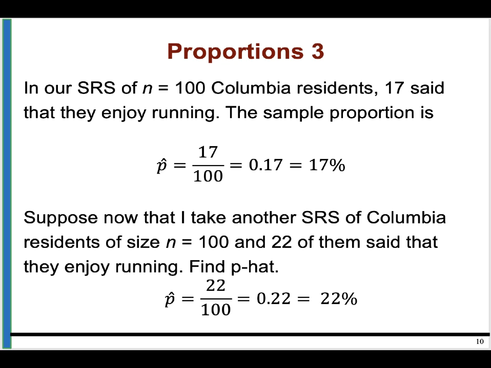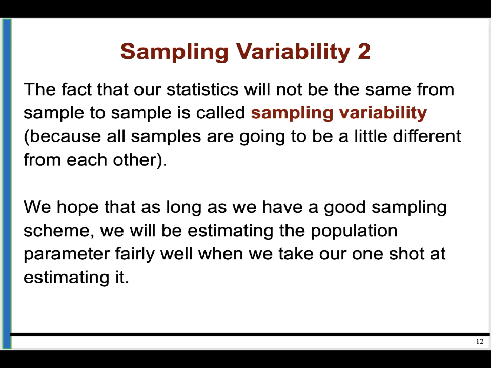Also, we should think about whether or not the statistic from a sample is going to exactly match the population parameter. Well, when we think about this, it's also pretty unlikely that our sample gives us the exact same value as the entire population.